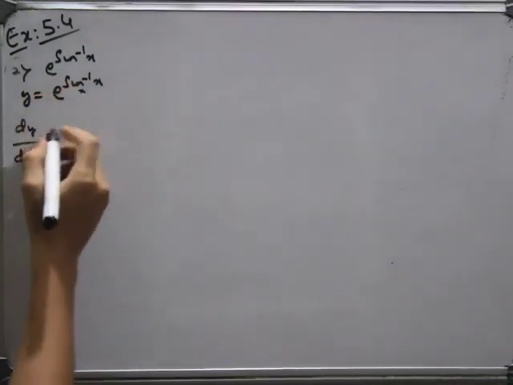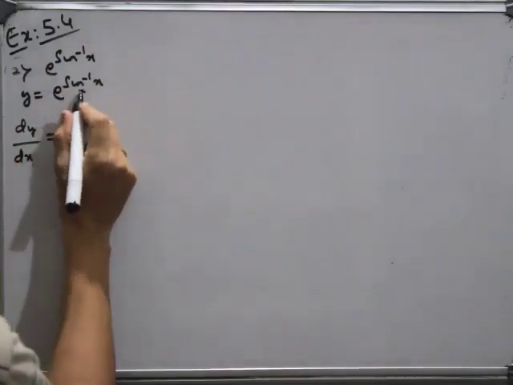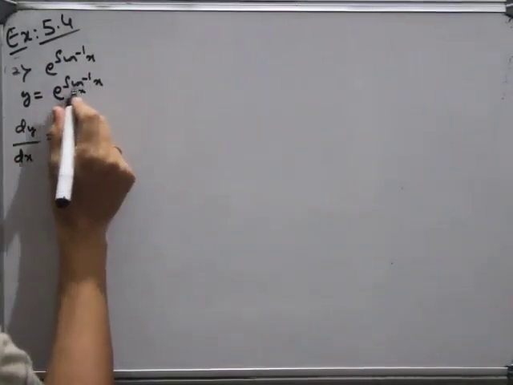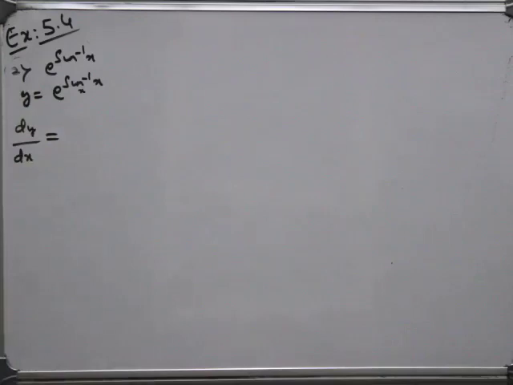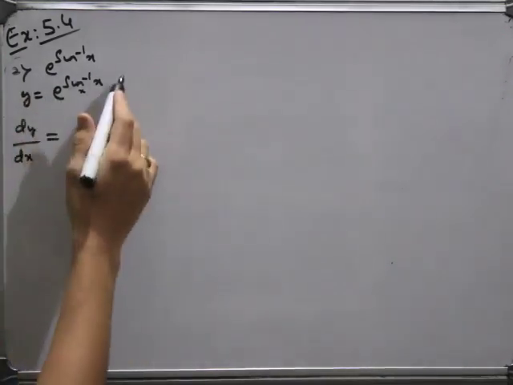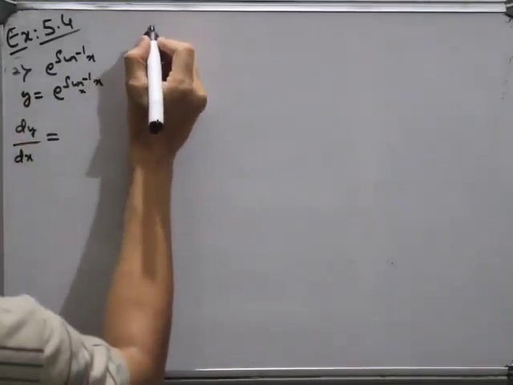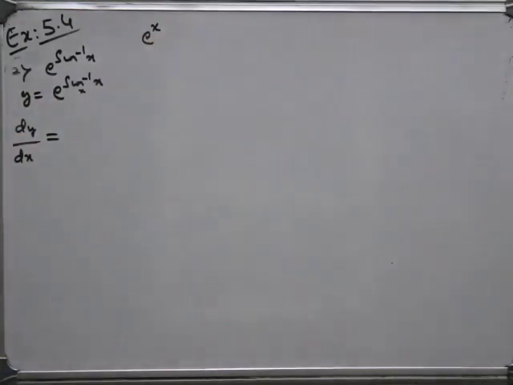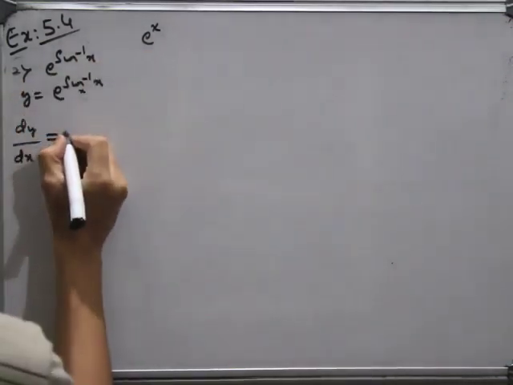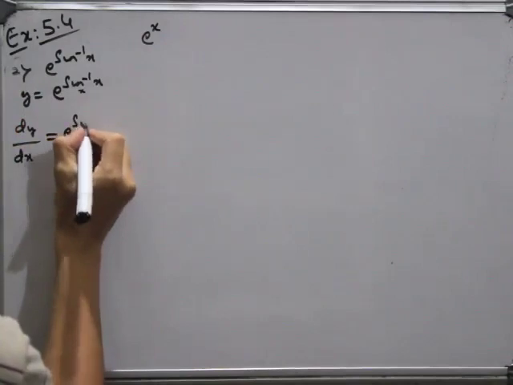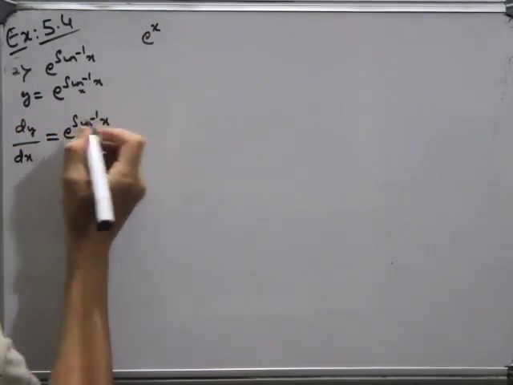So write it as it is. Instead of e to the power of x, you have to write e to the power of sin inverse x, because this is a composite function. If it was only like this, you would have written differentiation of e to the power of x as e to the power of x. It is e to the power of sin inverse x.